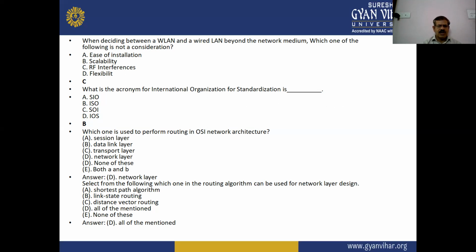So here the correct answer is D, because all these options are used for network layer design: shortest path algorithm, link state routing, distance vector routing. So the answer is option D.